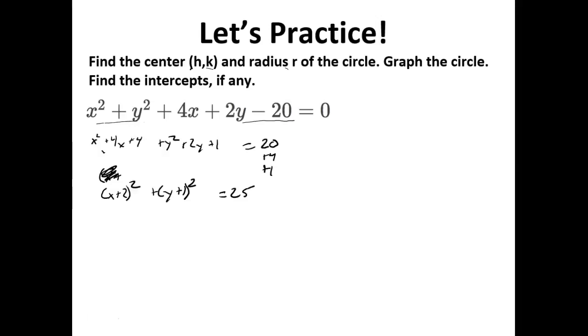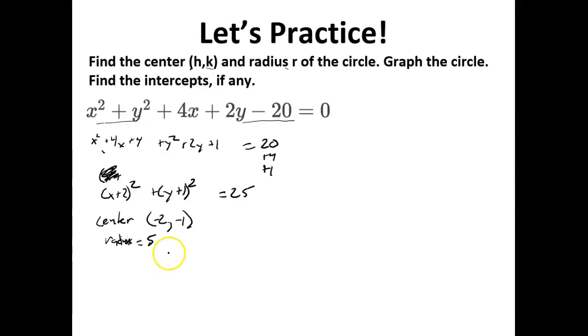I can know now that the center is the opposite of this, -2, and the opposite of this, -1. There's my center. For the radius, this radius squared is 25, so the radius must be the square root of 25, or 5.